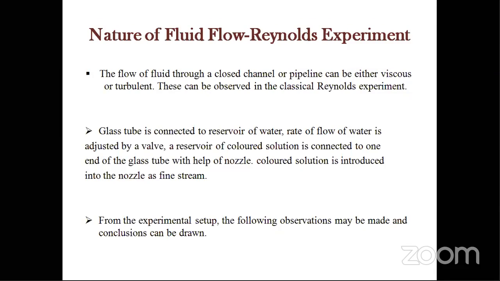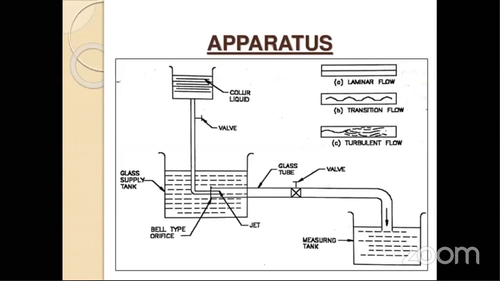So how to prove it? First of all, we set up an instrument. The instrument's name is the Reynolds instrument. This Reynolds instrument is made of glass, with some pipelines attached to it. I am showing this picture of a Reynolds apparatus.